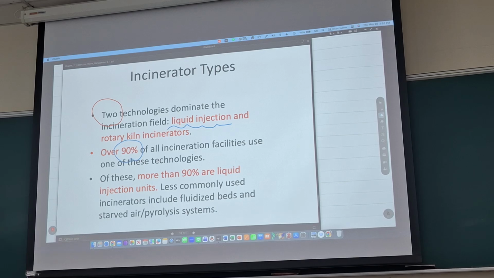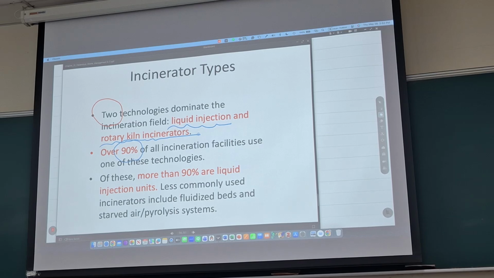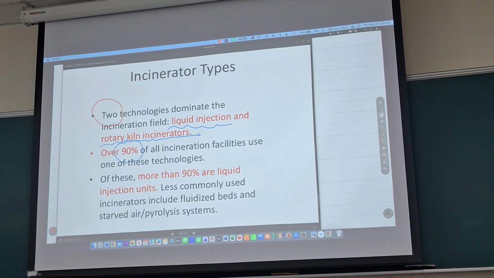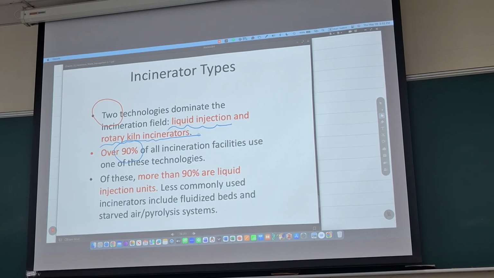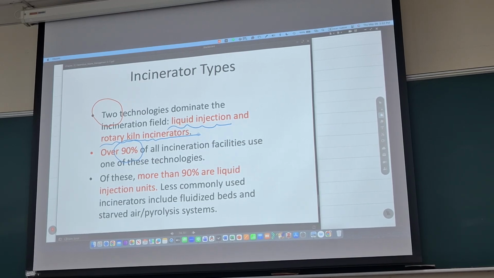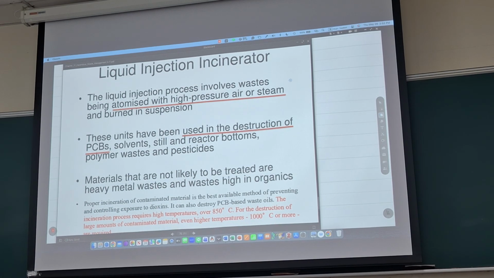Another 10% is rotary kiln incinerators. So there are two main types: one is the liquid type, and another is the rotary kiln. Let's see the liquid incinerator first.